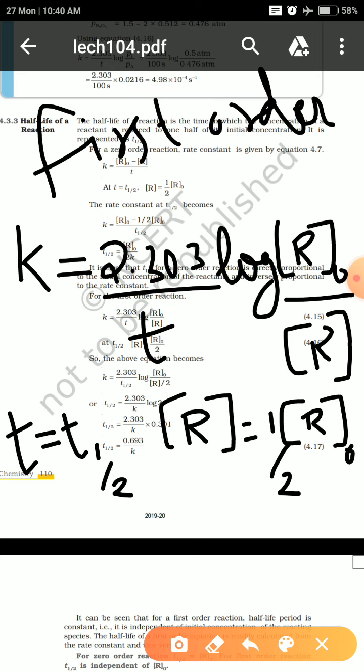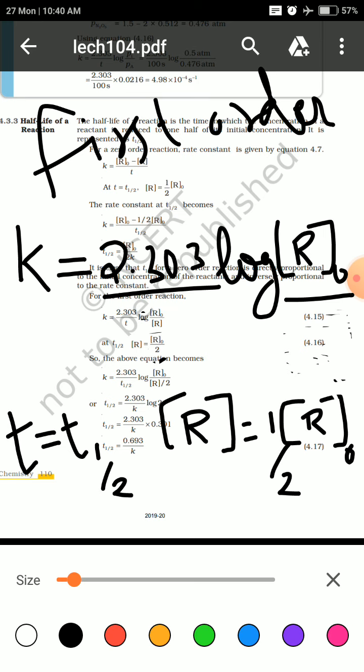So if we make the rearrangement in this equation, I will write it here itself, it's better. What will we get?